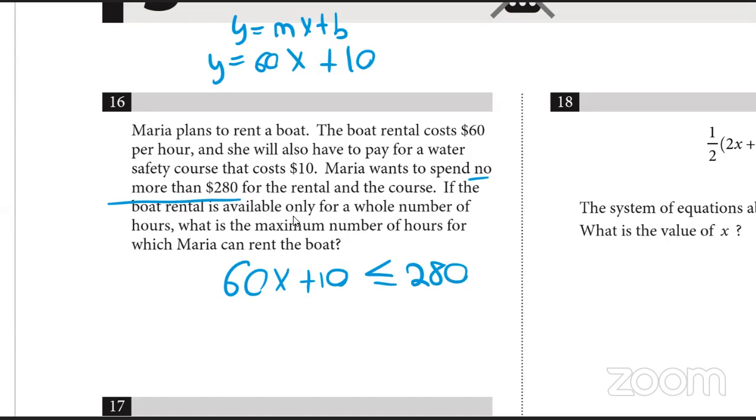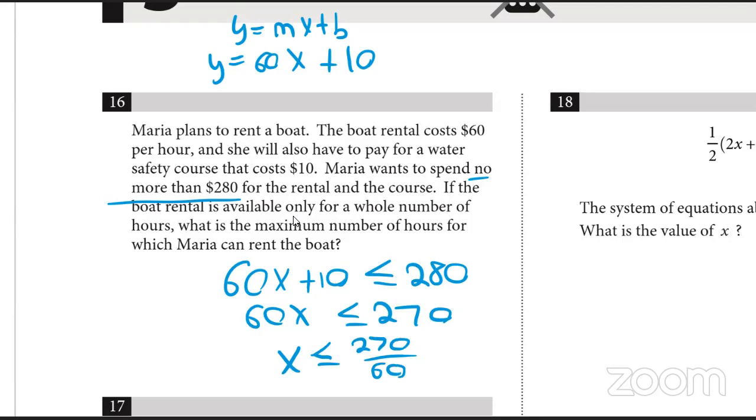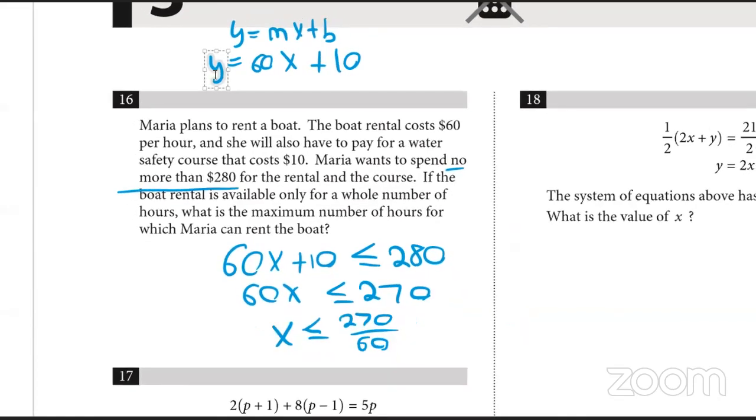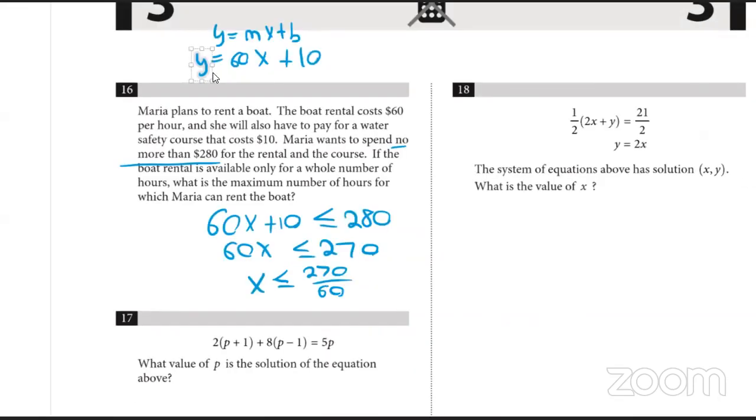So now we have something to solve. Take away 10 from both sides. Divide both sides by 60. And I'll do this out by hand because this is the non-calculator section and you wouldn't really be able to use a calculator here on a real test anyway.